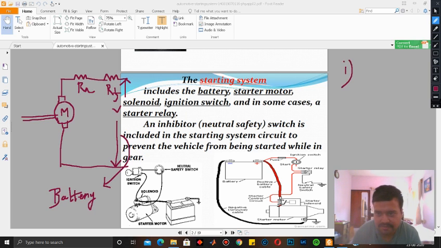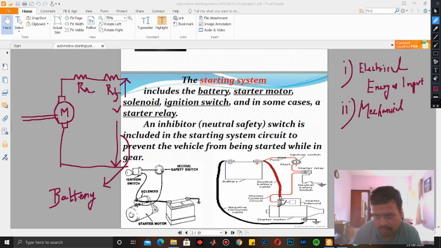It takes electrical energy as input, and it gives mechanical energy as output.